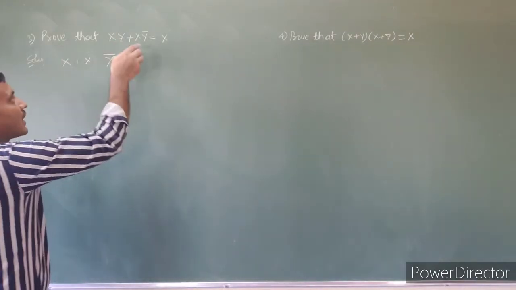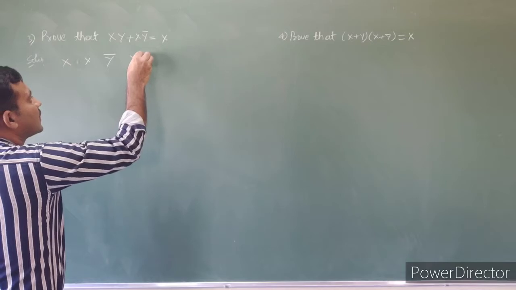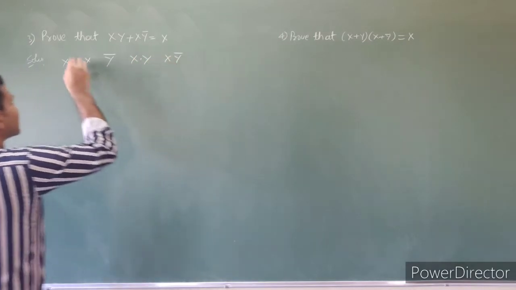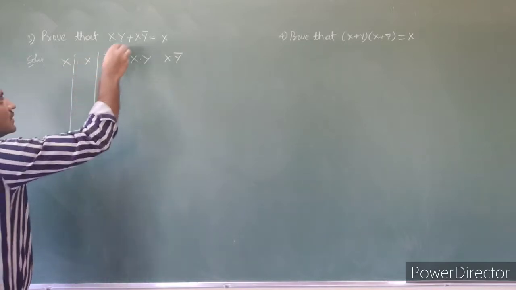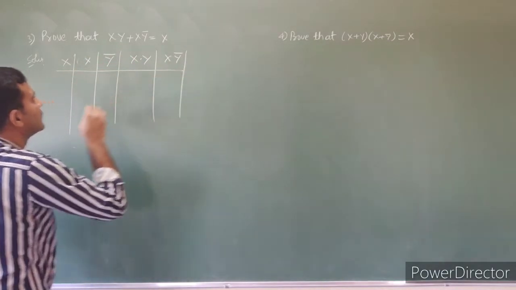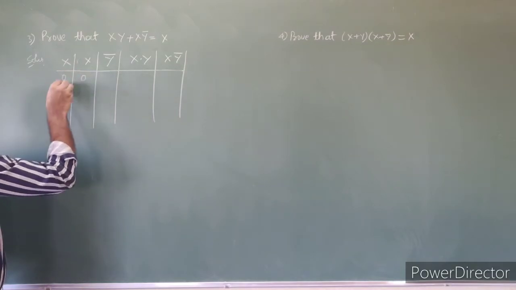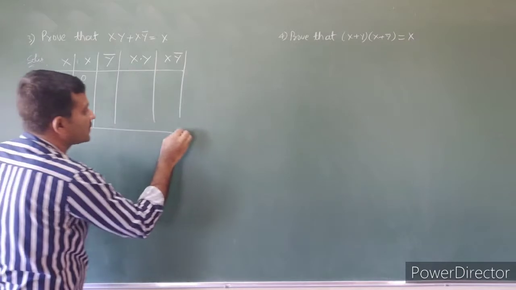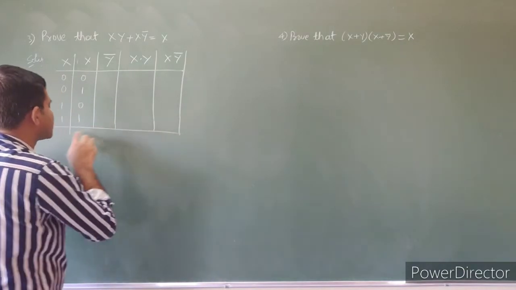Next priority goes to the AND operator. So you have to perform x into y, then x into y bar. So these are the columns required. So 0, 0, 0, 1, 1, 0, 1, 1. These are the possible combinations for the given expression.